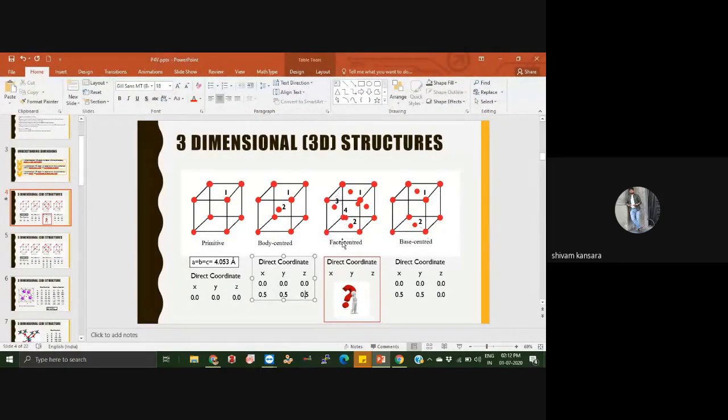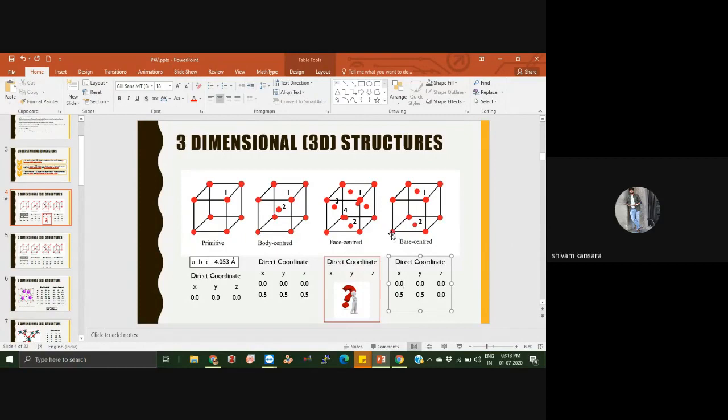The third one is the face centered cubic, for your practice and example. And the last one is the base centered cubic. Base centered means at the face. So this is the direct coordinate. The first atom is at the corner of the cubic, so it should be 0 0 0. But base center means in the face.